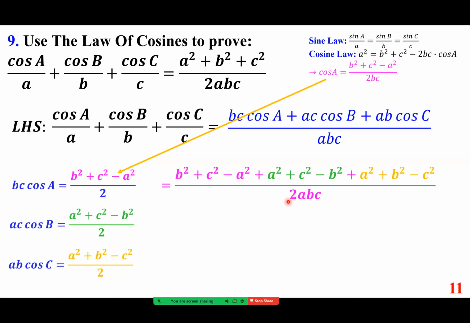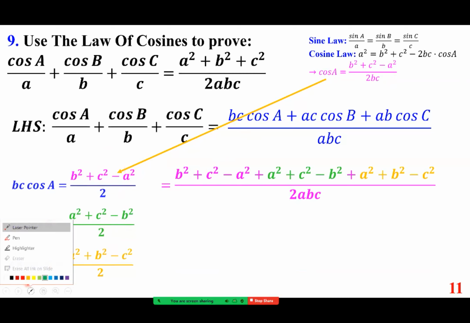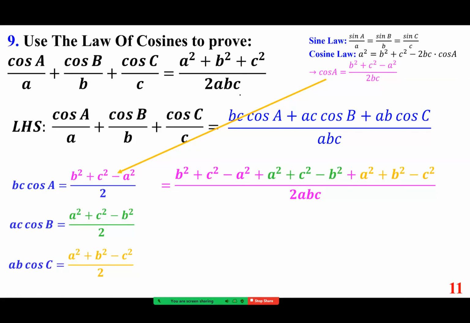So again, put this in here, put this in here, and put this here. All of them. In other words, to begin with the first one, class, let's see what color do I want to use here. This one is B squared plus C squared minus A squared over 2.